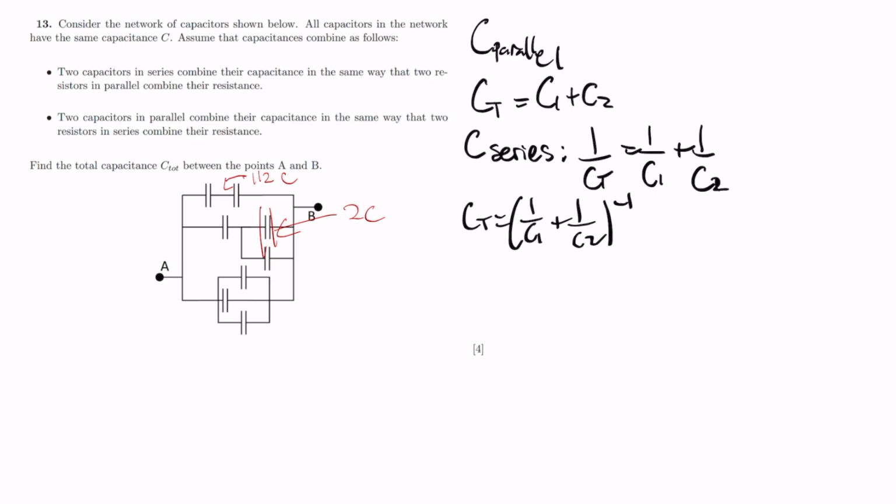One of the trickiest bits is that this diagram can be a little bit confusing, but all three of those are actually in parallel. It's just the length of the wire which is different.